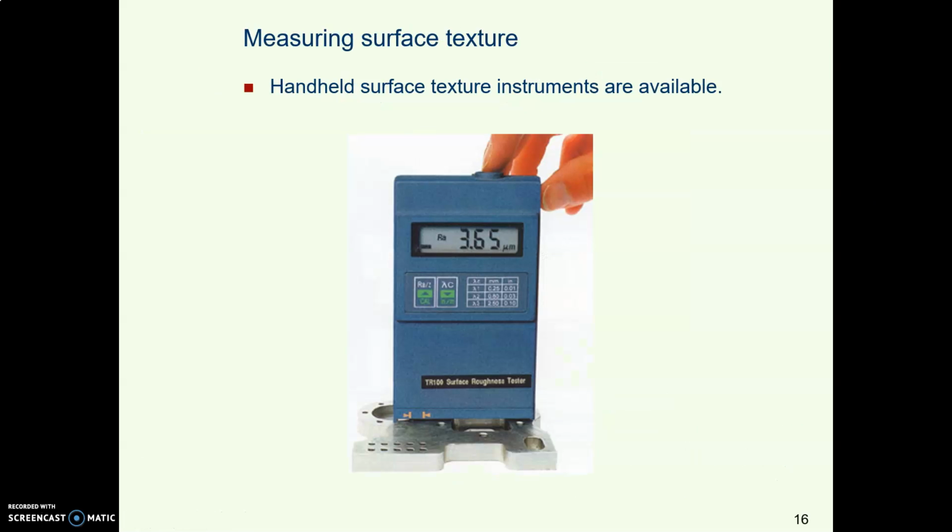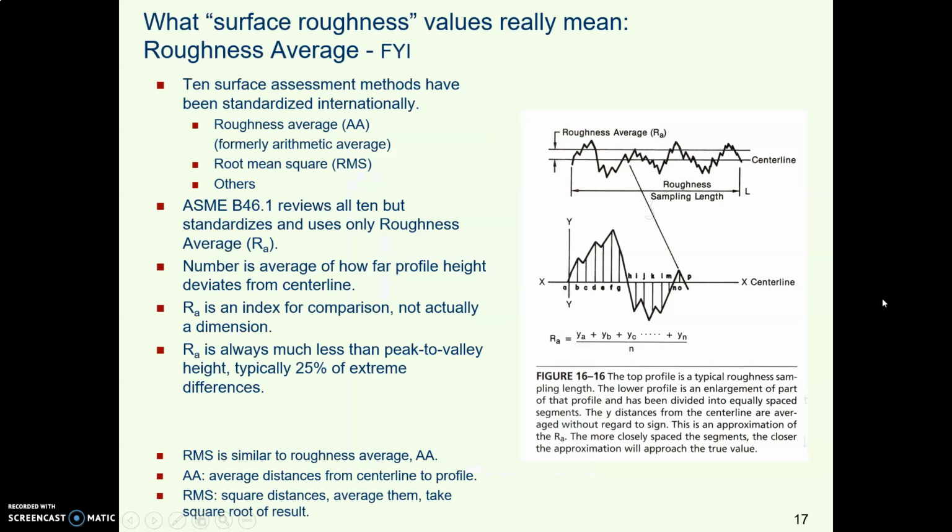You can buy hand measurement tools. Here's one that will give you a digital readout. And if you decide to go into the quality assurance field of study, you will spend more time in math. And here is what that surface roughness is actually saying. It's actually a statistical average. We don't need to know that. I just put this in here, FYI, for your information.